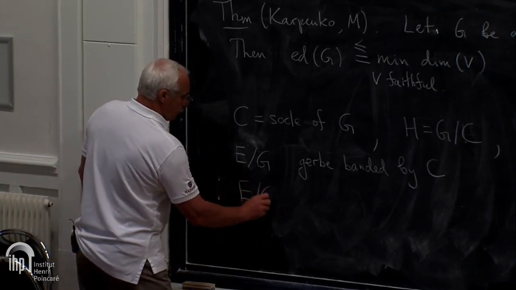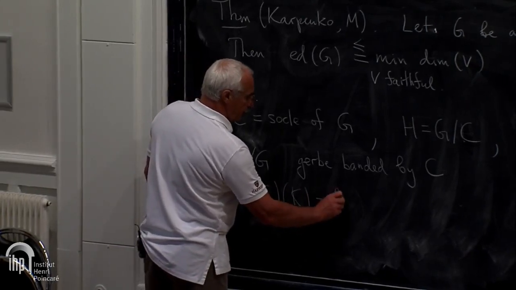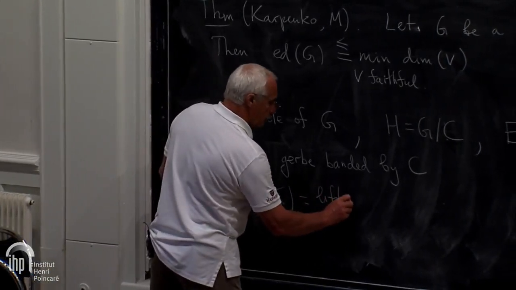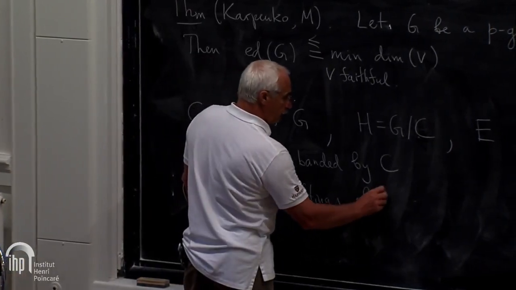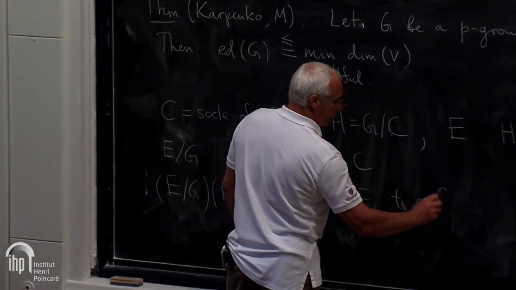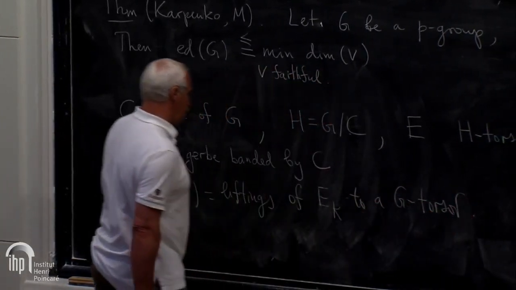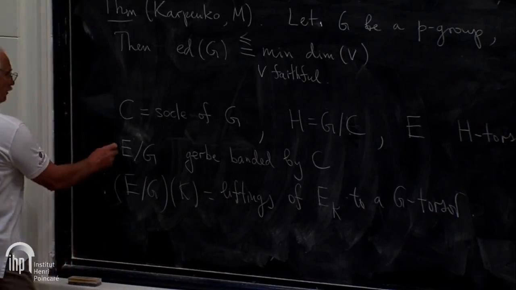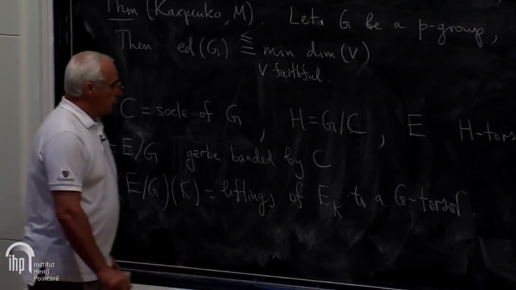So E mod G of K is just the liftings, if any, it could be empty of course, of E over K to a G torsor. Let me write curly X for this gerbe.